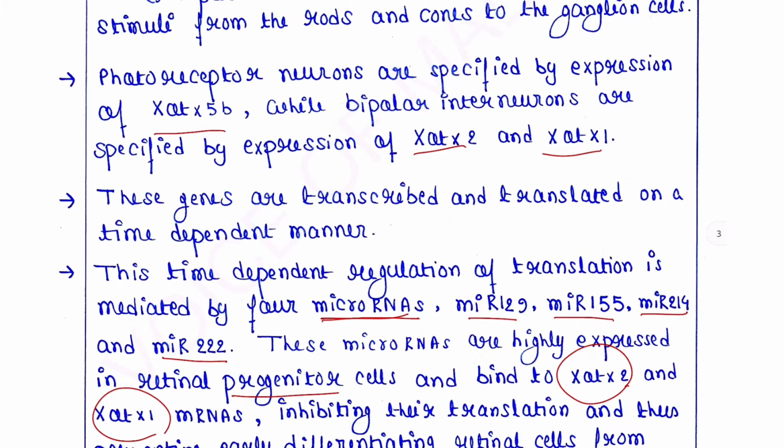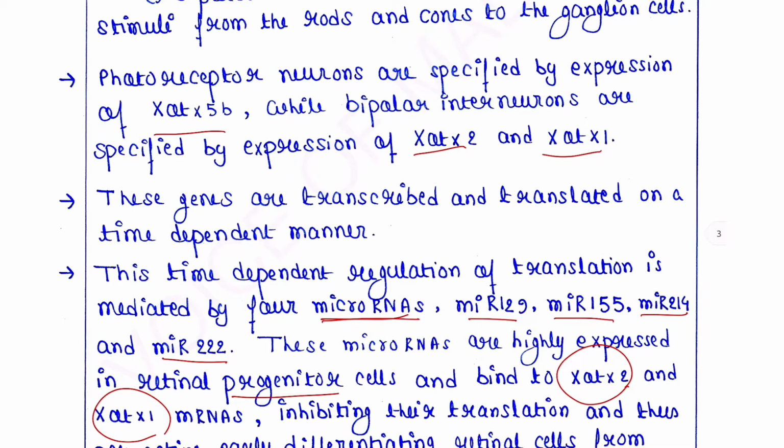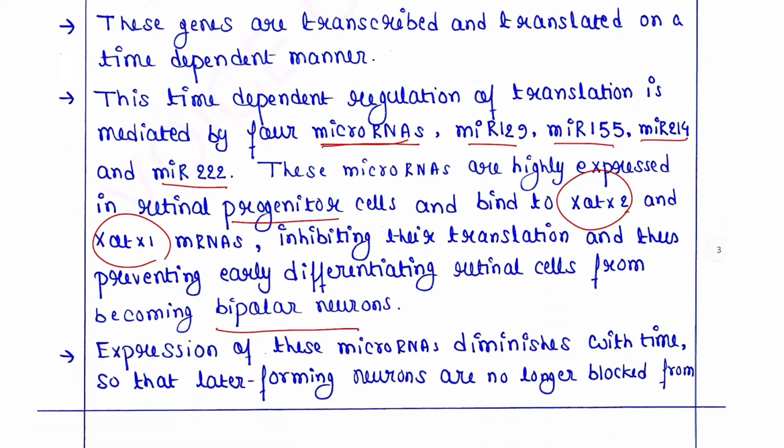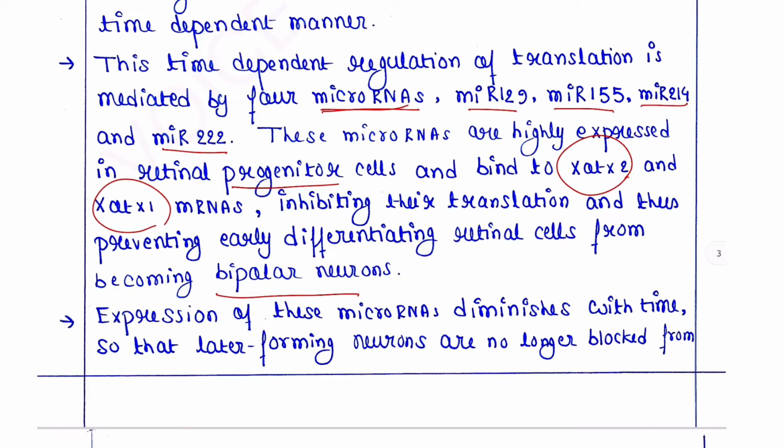Because we have seen that ZOTX1 and ZOTX2 are important for the expression of bipolar interneurons, the microRNAs block the translation of these 2 mRNAs.